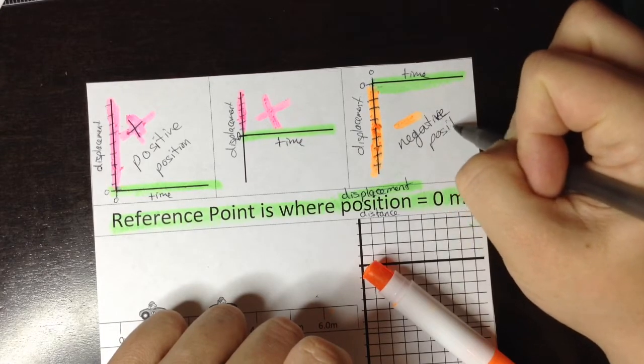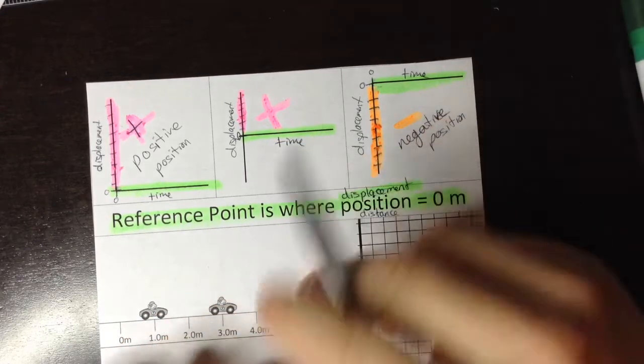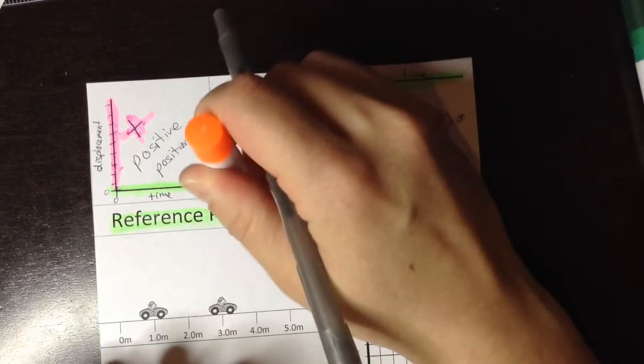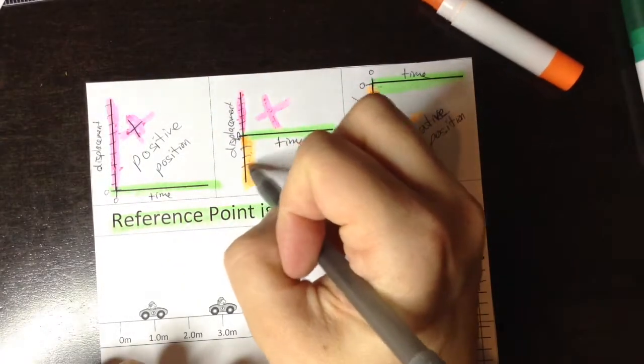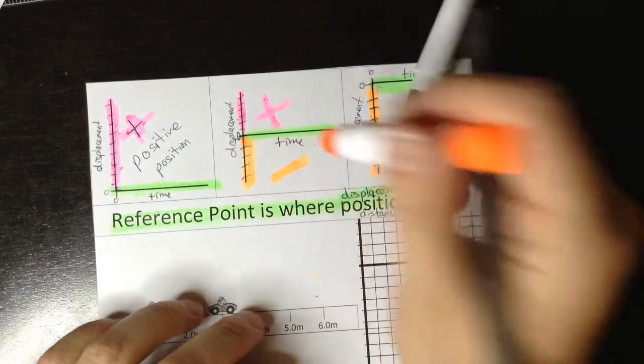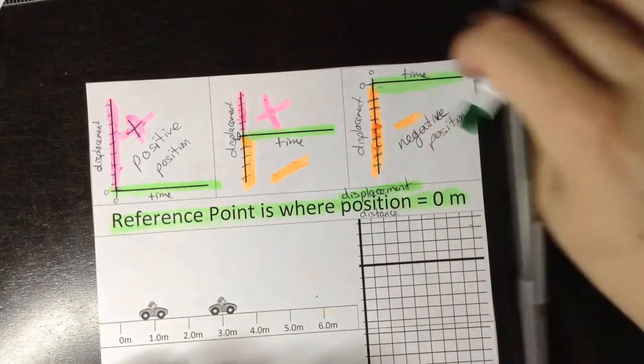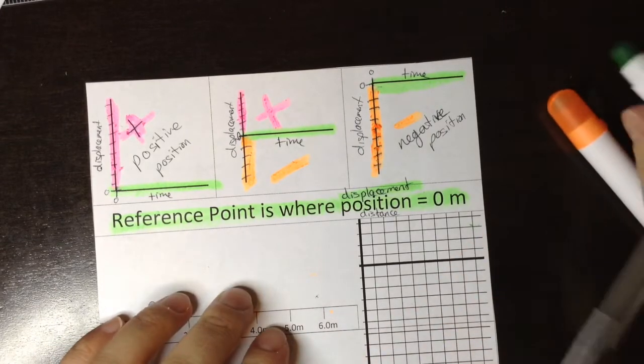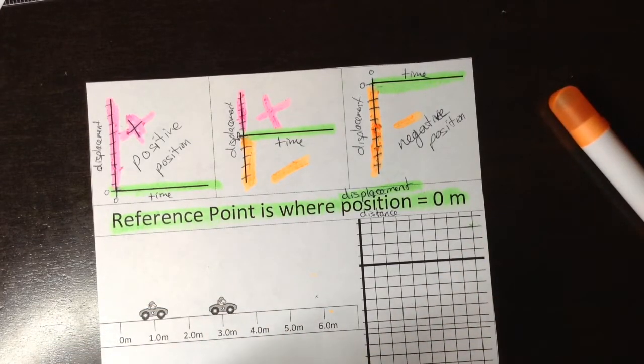Negative position. And over here we've got, again, the numbers as you go down. These are negative. We're still going to use those colors, so keep them there.